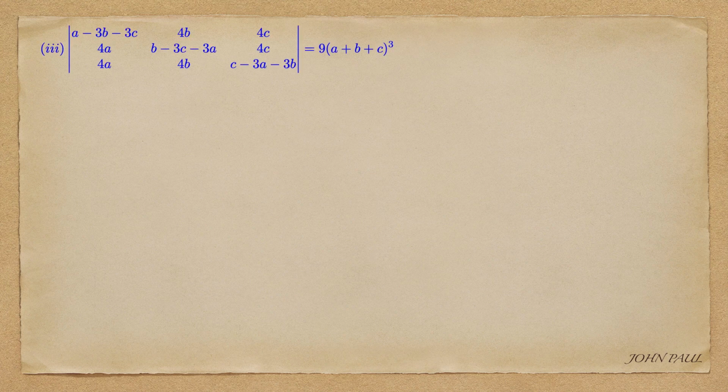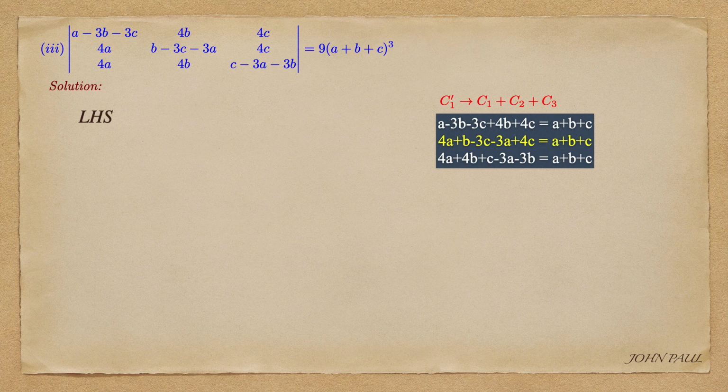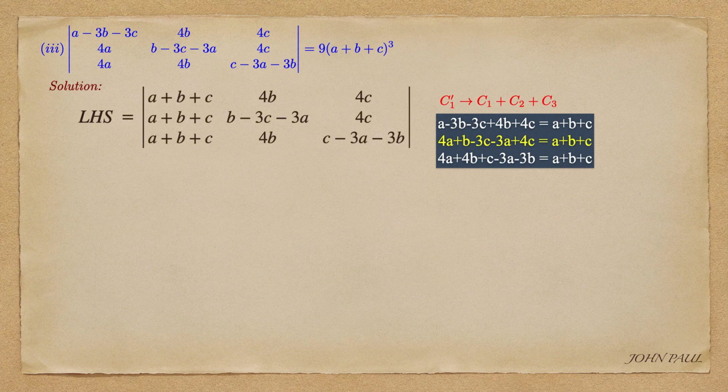Third problem: we have to prove that the determinant equals 9 into a plus b plus c whole cube. Solution: left hand side. Now directly we can't take a common term, so we'll use the operation row 1 plus row 2 plus row 3. The simplification is shown here. By simplifying, we get a plus b plus c.